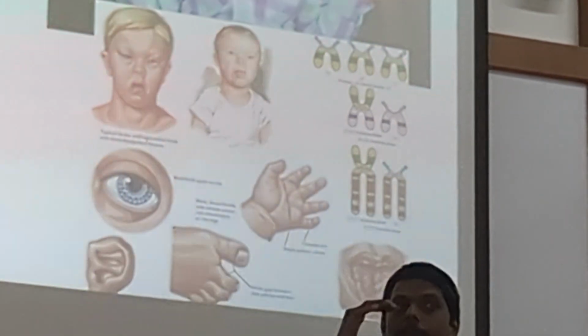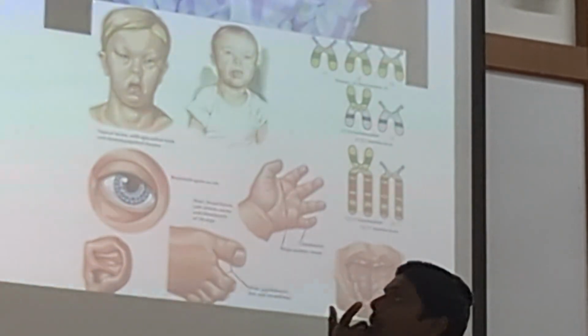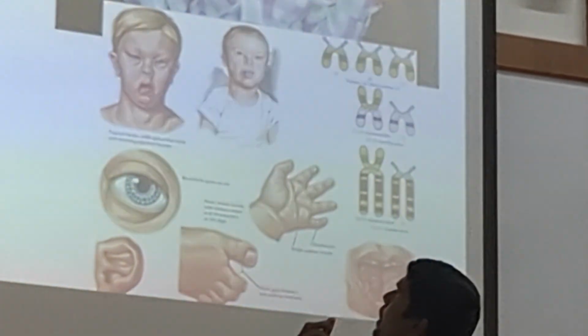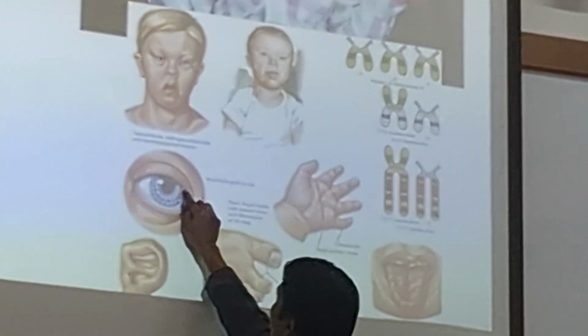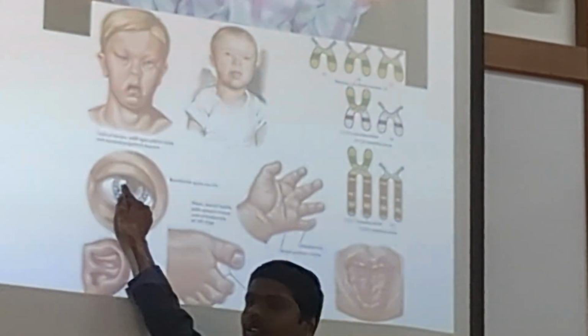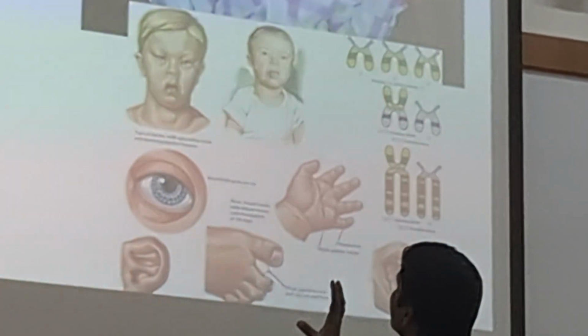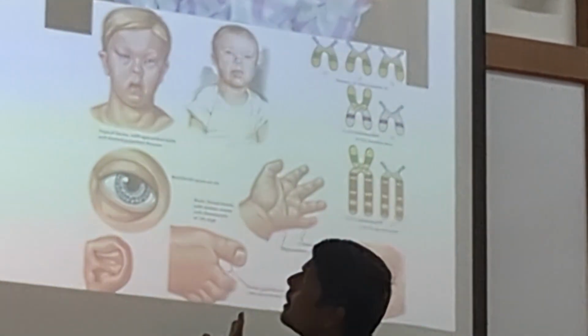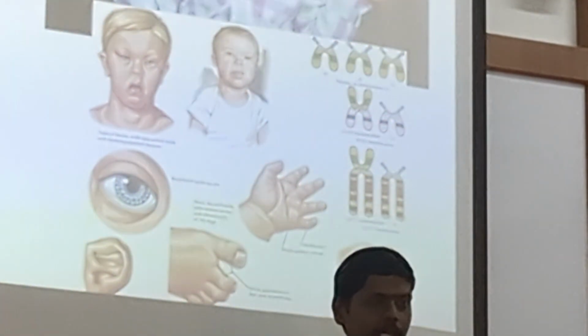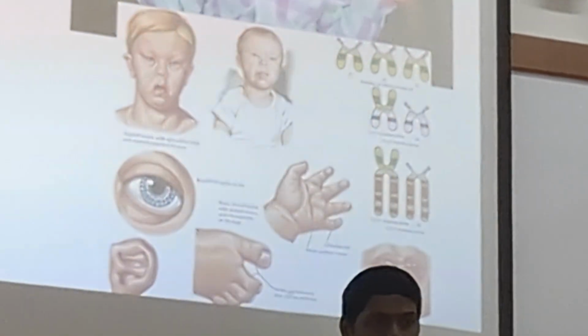We need to cross-check here. And even in the eyes, there will be granulations. So these are the facial features and problems with Down syndrome.